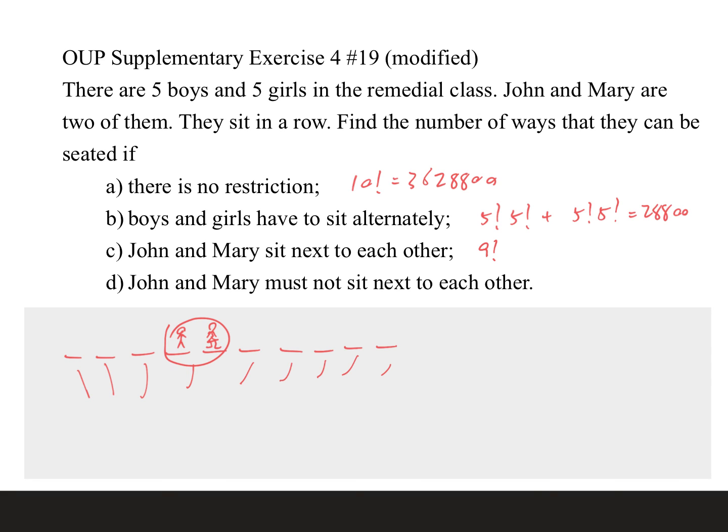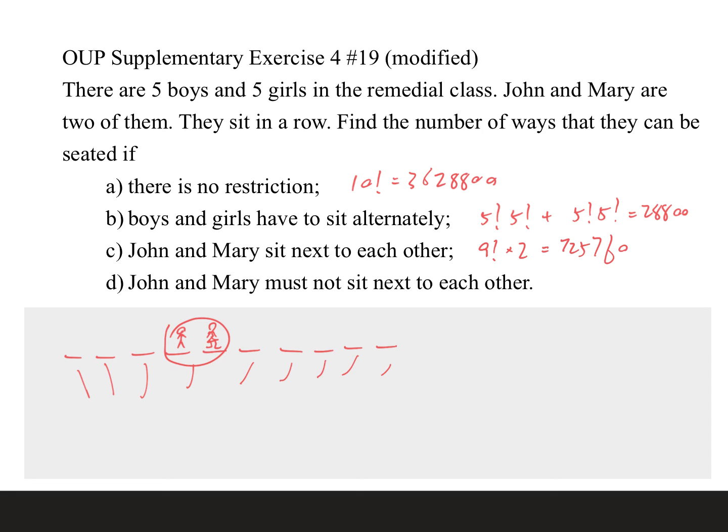However, we can also think about Mary sitting first and then John sits to the right of her. So there is a multiple of that. Okay? And therefore, it's 9 factorial times 2, which is, again, my calculator doesn't work, okay, times 2, which is equal to 725760.